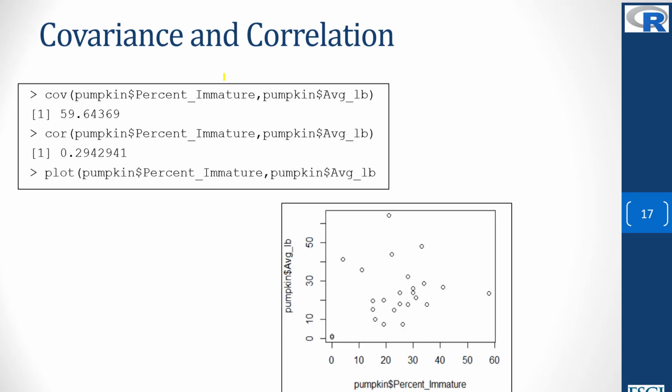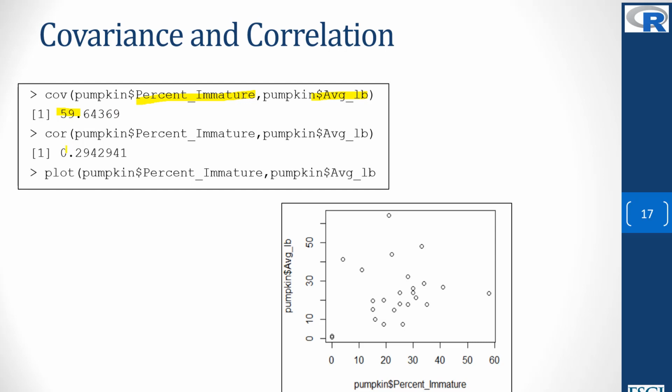As an example, if we run the covariance function on our pumpkin data using the percentage of immature pumpkins found in the sample to investigate whether it has an impact on the average weight, overall we get a covariance value of 59. And again, the numeric value that we get isn't as important as whether it's positive, negative, or 0. So this indicates that there is a positive relationship.